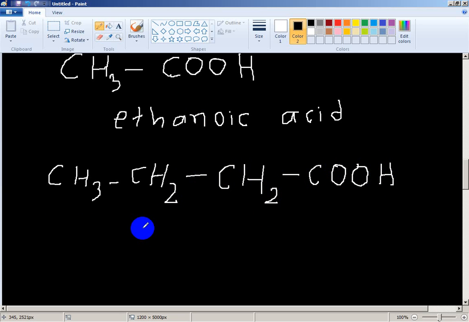Butanoic acid. Good. If it were an alkane with 4 carbon, it would be butane. But it is not butane, so you don't write E, you write oic. Butanoic acid.